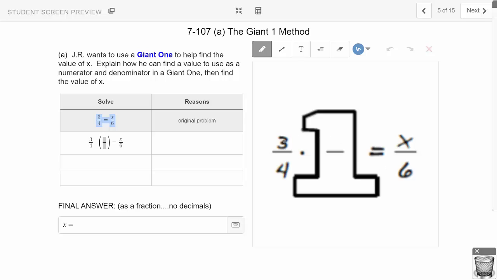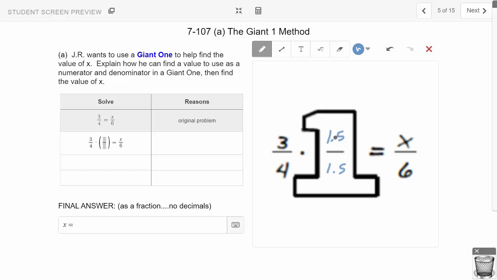And if I multiply 3 by that same number, the numerators, I get x. So 4 goes into 6 1.5 times, so I suppose we could multiply by 1.5 over 1.5.